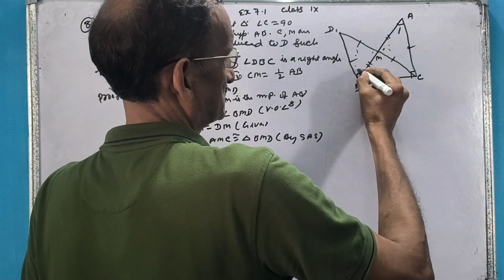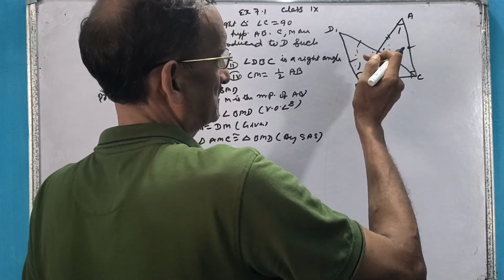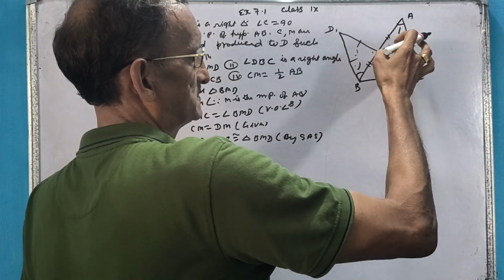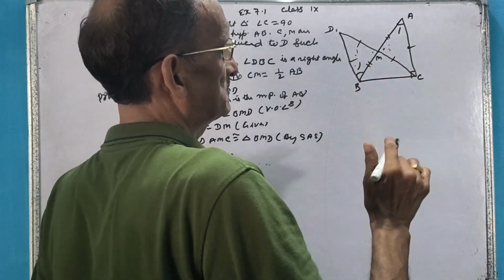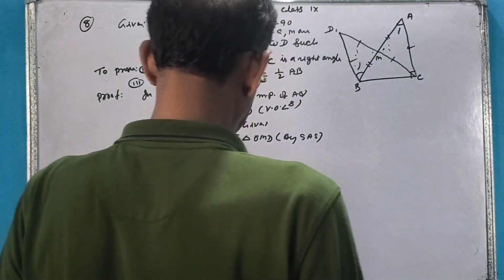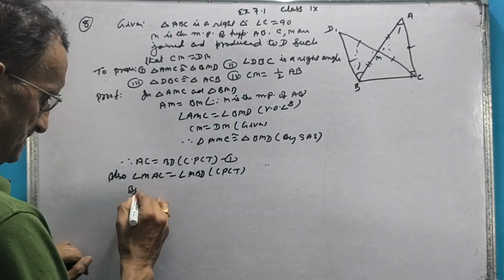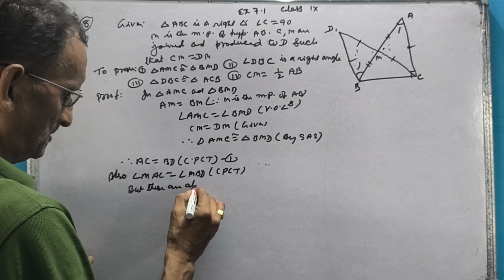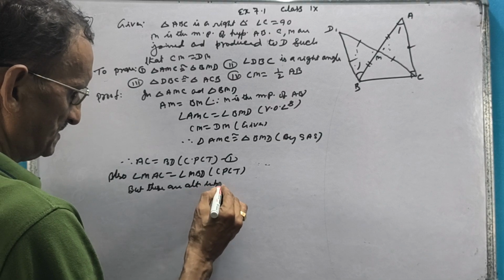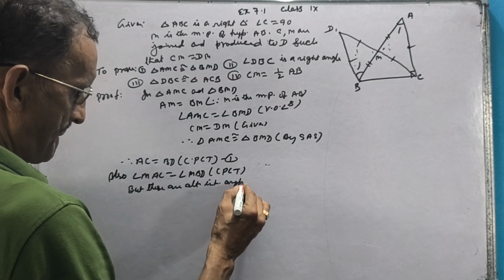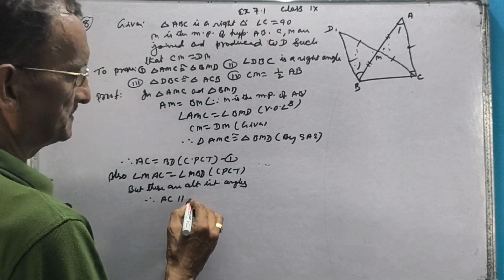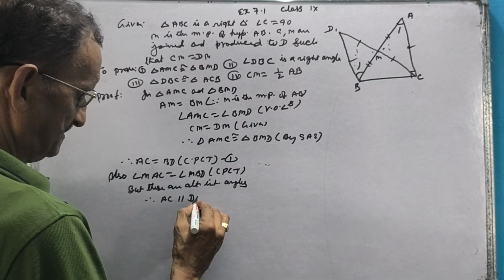This angle and this angle are a pair of alternate angles formed by the transversal AB. And alternate interior angles are only equal if the lines are parallel. But these are alternate interior angles. Therefore, AC parallel DB.